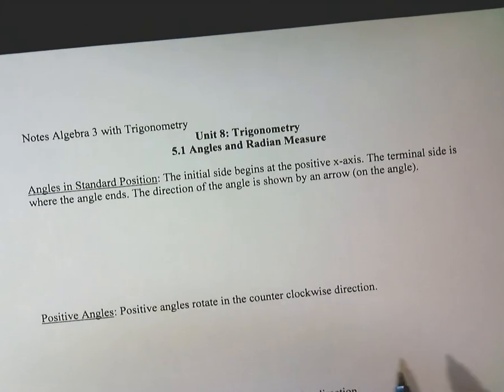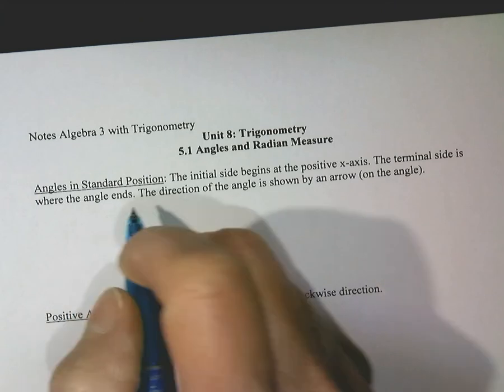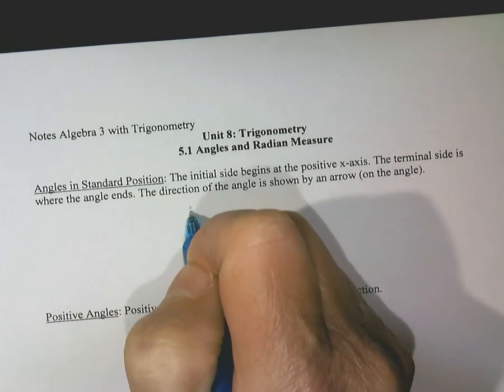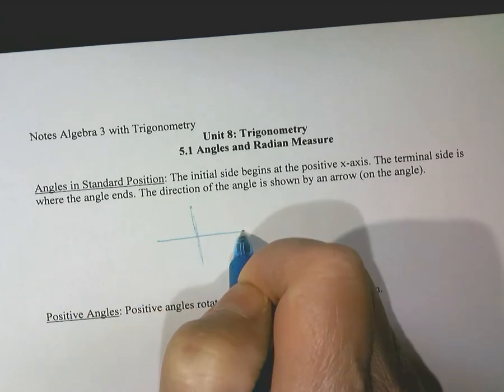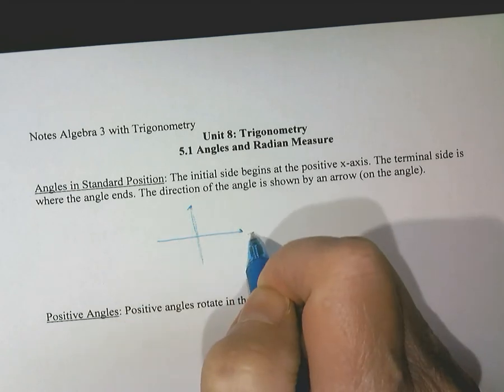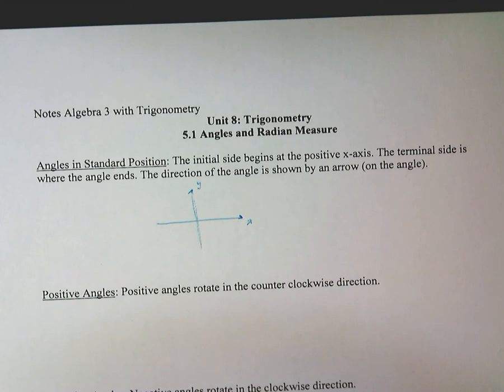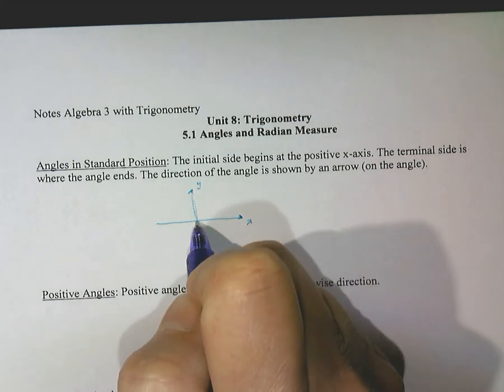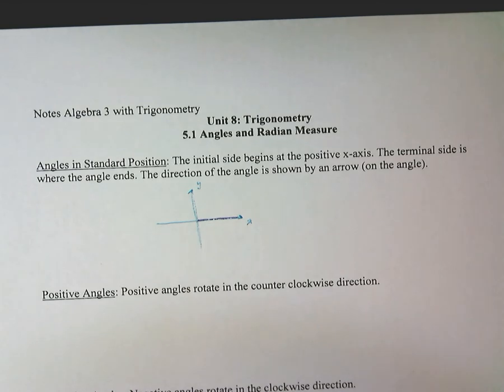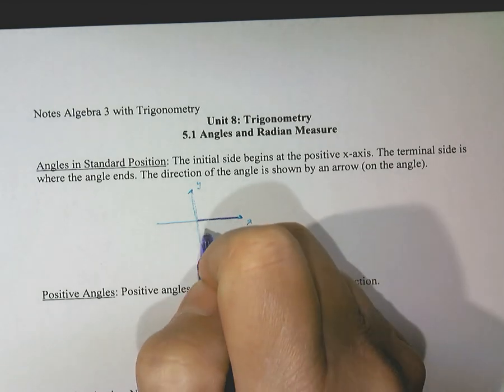If I were to draw the XY coordinate plane, this being X and this being Y, an angle that's in standard position is going to start on the positive x-axis. So I'm going to start right here. This would be called my initial side.